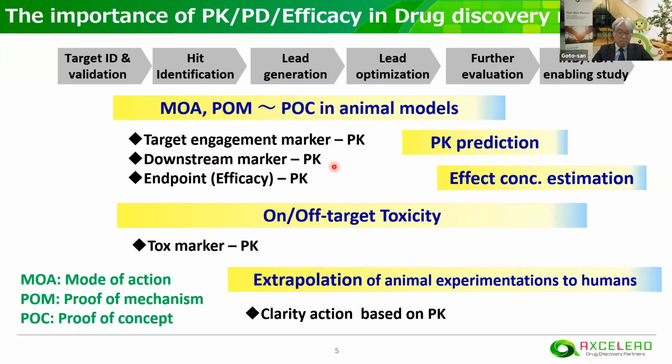As I mentioned before, by checking these interactions, you can confirm what kind of action is exerting the efficacy. In addition, the analysis of these PD markers and PK enables clinical PK prediction and estimation of the effective drug concentration. By clarifying the drug action based on the PK, we believe that exploration from animal to human will be possible.